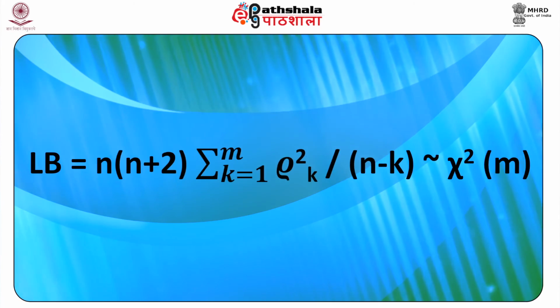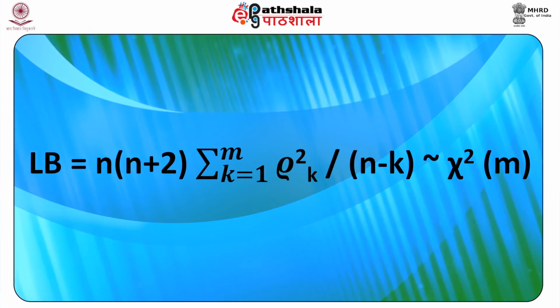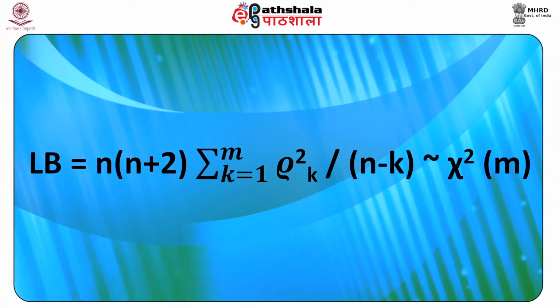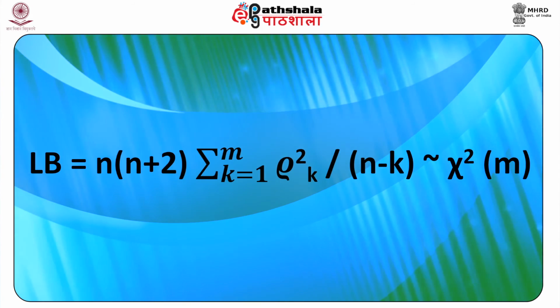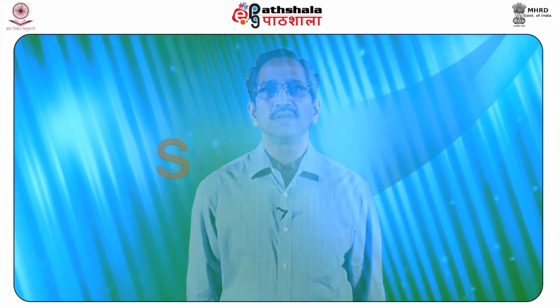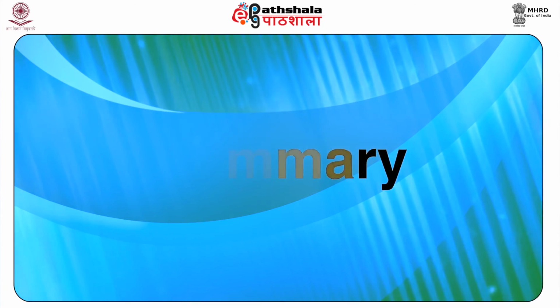LB is equal to n into n plus 2 sigma rho k square upon n minus k. Sigma varies from k equal to 1 to m and is distributed as chi square m, where n is the sample size, rho k is the sample autocorrelation with lag k, m is the number of lags to be tested. If calculated value of chi square is less than the table value, then stationarity exists, else the series would be non-stationary.